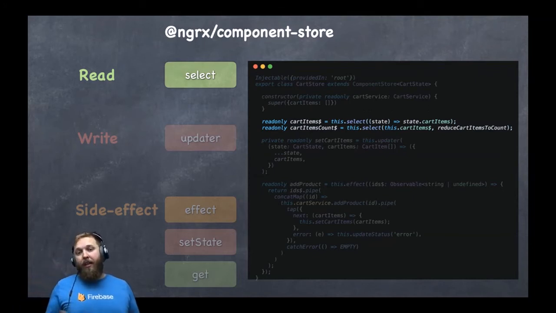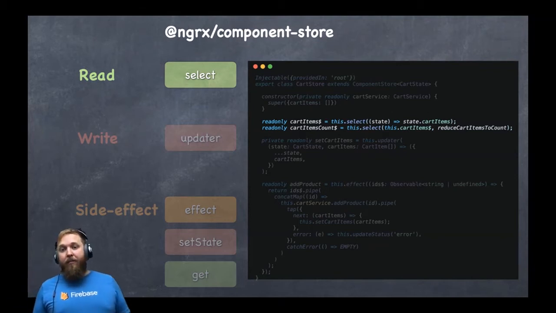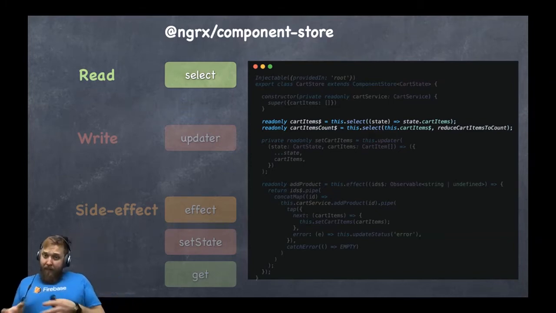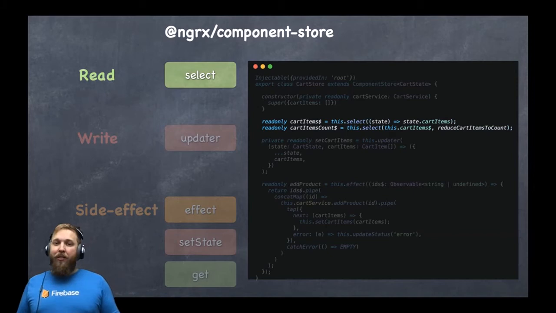So this select, and then we show how we unwrap things from our state. So for example, for the cart items observable, we will take the state and process how we extract it. So there'll be a state.cartItems. That means that any time the cart items change, it will emit a new value. So cartItems$ here is an observable of those cart items arrays.